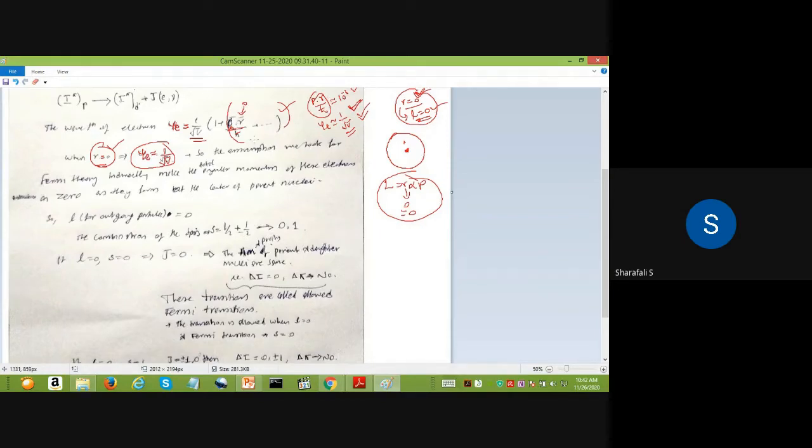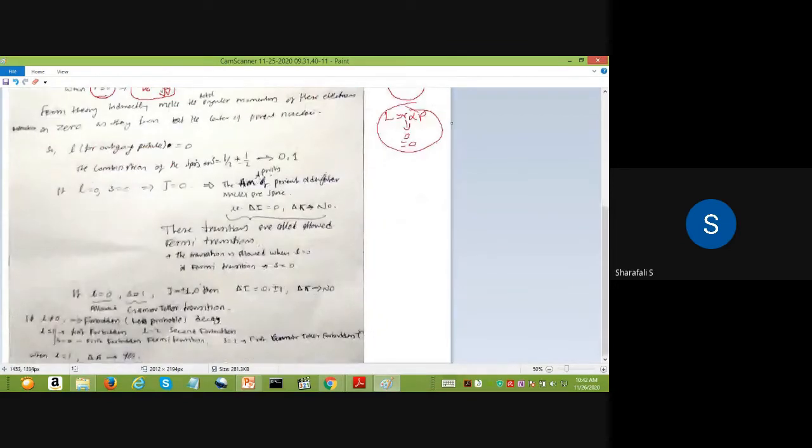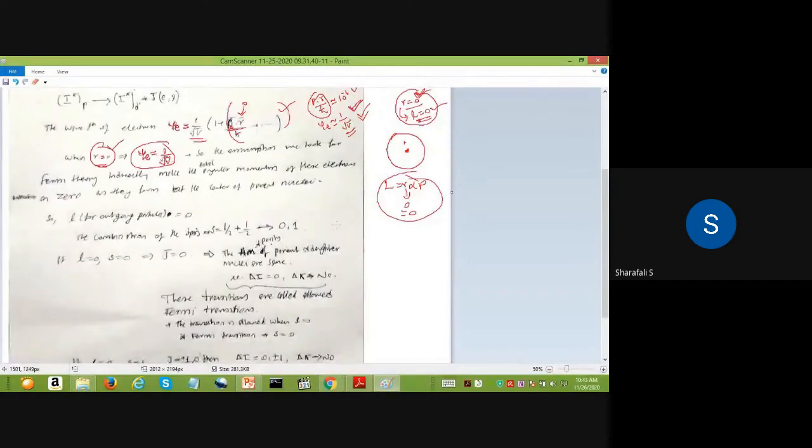Now, if you look further, the neutrino is also formed along with the electron. So the electron's angular momentum is 0, and the neutrino's angular momentum also has to be 0, so it is also formed at the center. For the neutrino we took the same analysis, that is, psi nu equal to 1 by root v times 1 plus i p nu dot r by h cross, and so on.